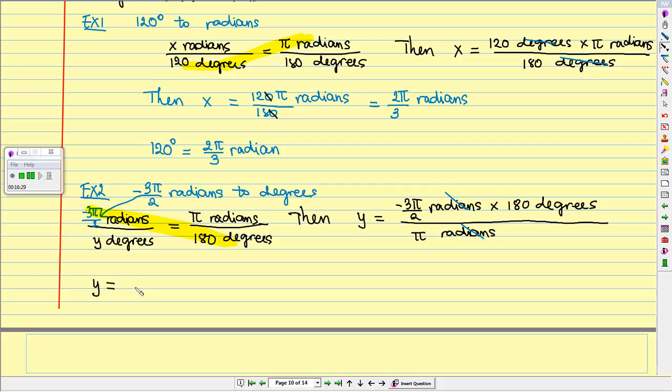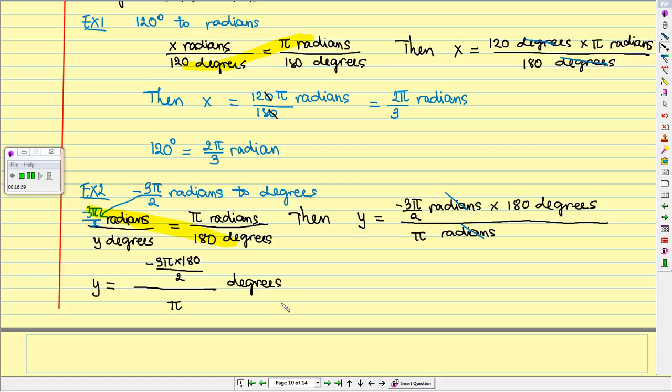So y equals, we have pi in the denominator, and on the numerator we will have negative 3 pi times 180 divided by 2.